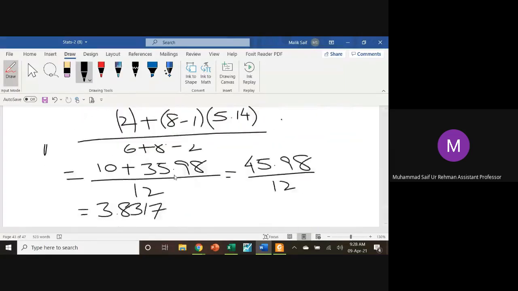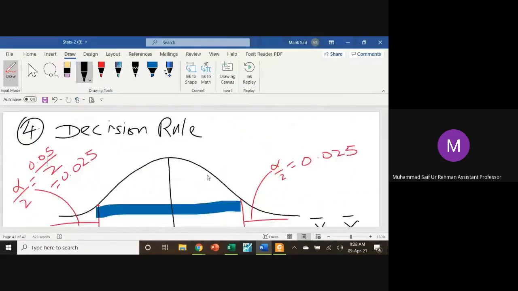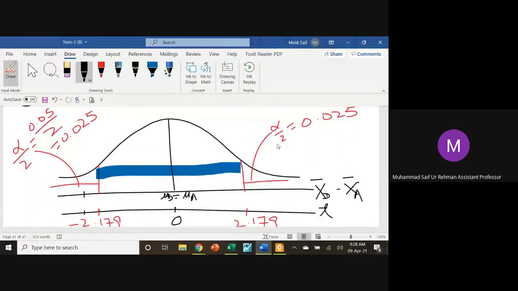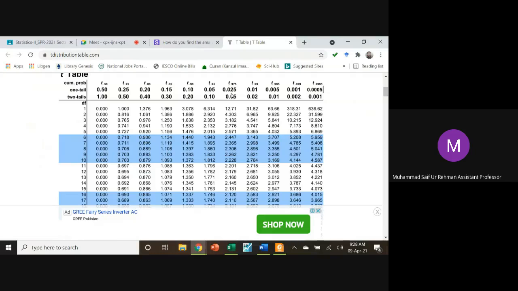And definitely you would have to consider the significance level. What was the significance level? We divided the significance level by 2 to have two tails, so 0.025. Let us see what the value is. This is the level of significance, 0.025. 12 is there. Move rightward and locate 2.838.